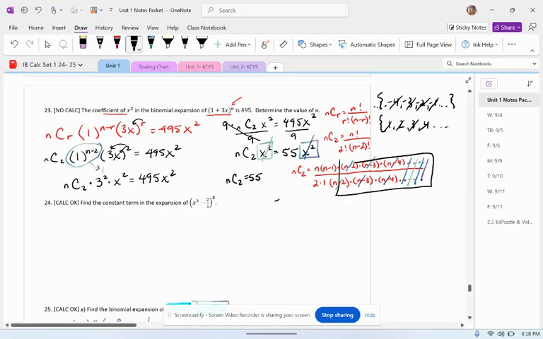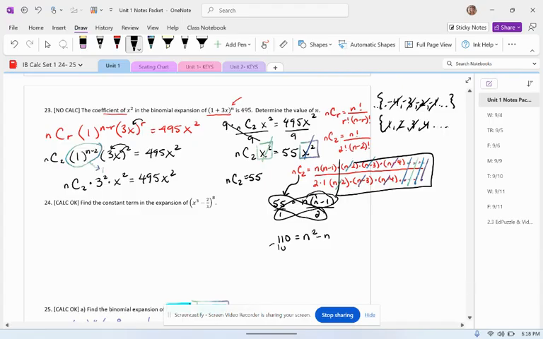What are we really left with now? We have 55 is equal to n times (n minus 1) over 2. I now have this over 1. I have 55 times 2, right? We can cross multiply. That's going to be 110 is equal to n distributed, which would be n squared minus n.